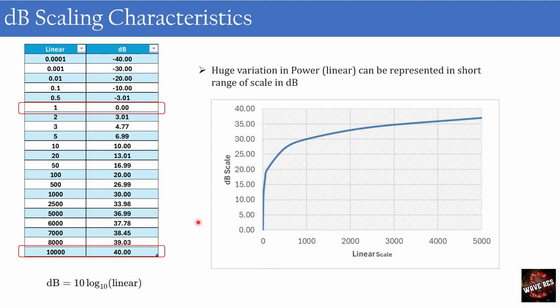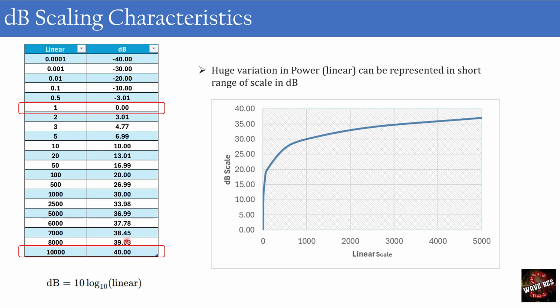Another characteristic is that a huge variation in power scale can be represented by a short range of scale in dB. When I consider the linear scale from 1 to 10,000, in dB scale it's only incrementing from 0 to 40 dB. So this huge variation can be converted into a logarithmic scale so that we have a short range of values.